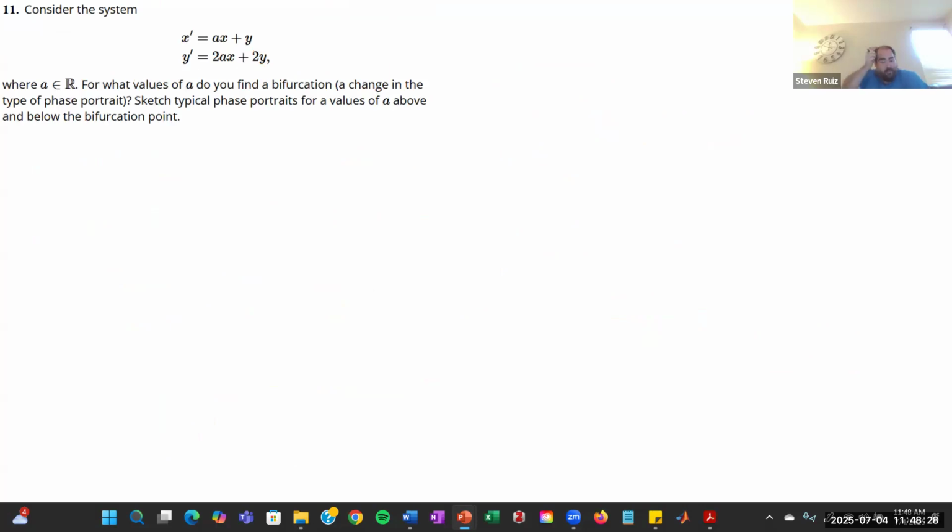So now we have a parameter in a system. For what values of a do you find a bifurcation? So let's find that bifurcation value. So how do we do that? I'm still looking at solutions for x and y.